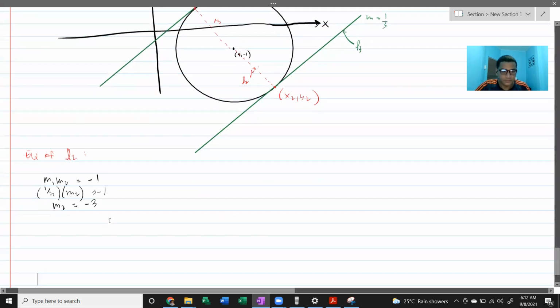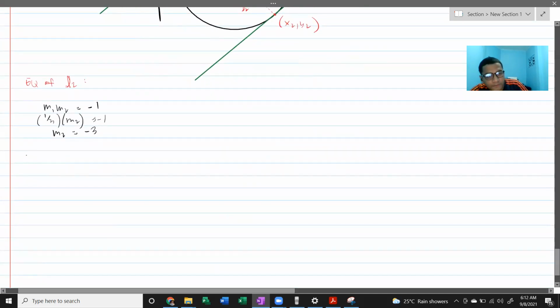Okay. Now using point slope form, y minus y1 equals m times x minus x1.